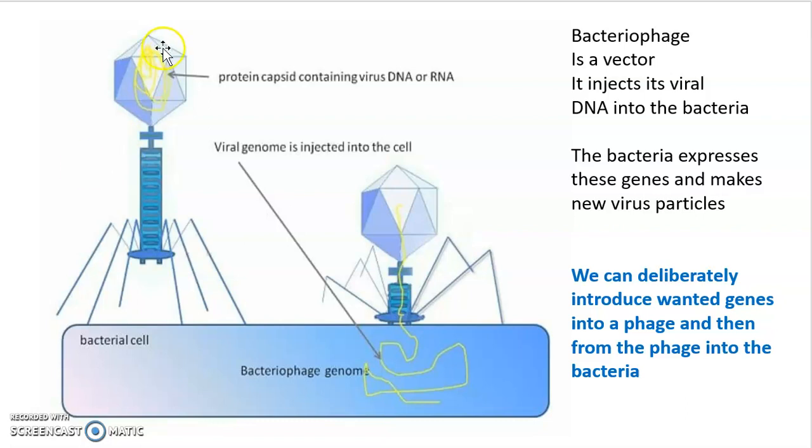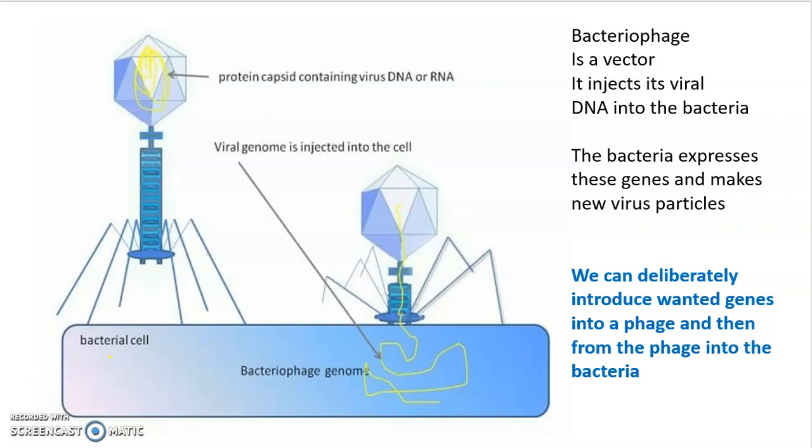What we can see here in the yellow is the DNA, and it's going to insert it into the bacterial cell here, which is then going to express that viral DNA. Now, if we can manipulate what we have within the viral DNA, then again, we can have a genetically modified bacteria. So viruses can be used as vectors in addition to what we've already met, taking out the plasmid, cutting it, inserting the DNA and placing it back in.